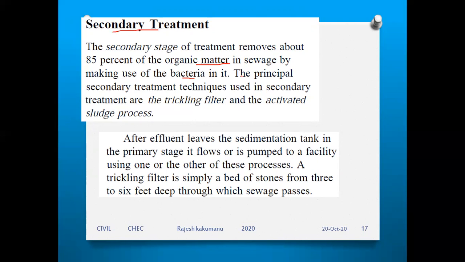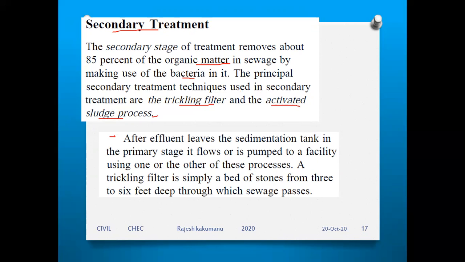The techniques used in secondary treatment are the trickling filter and the activated sludge process.